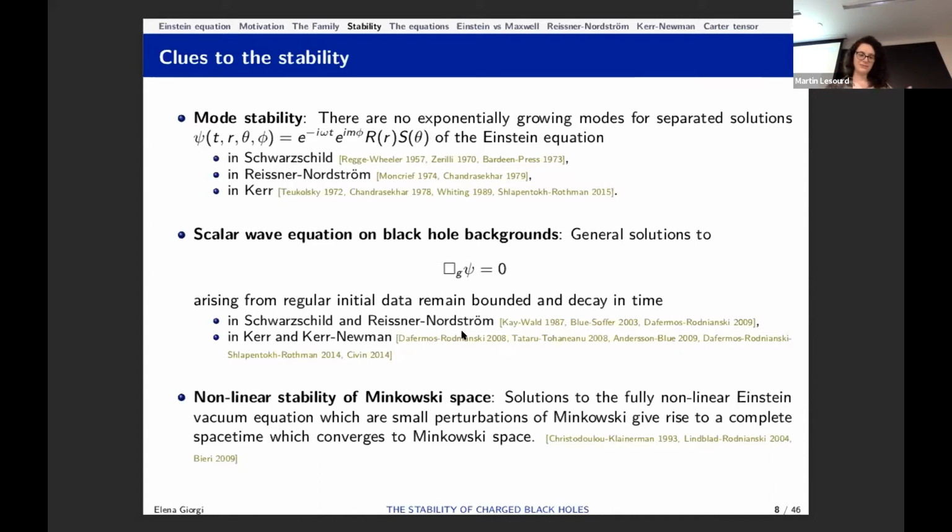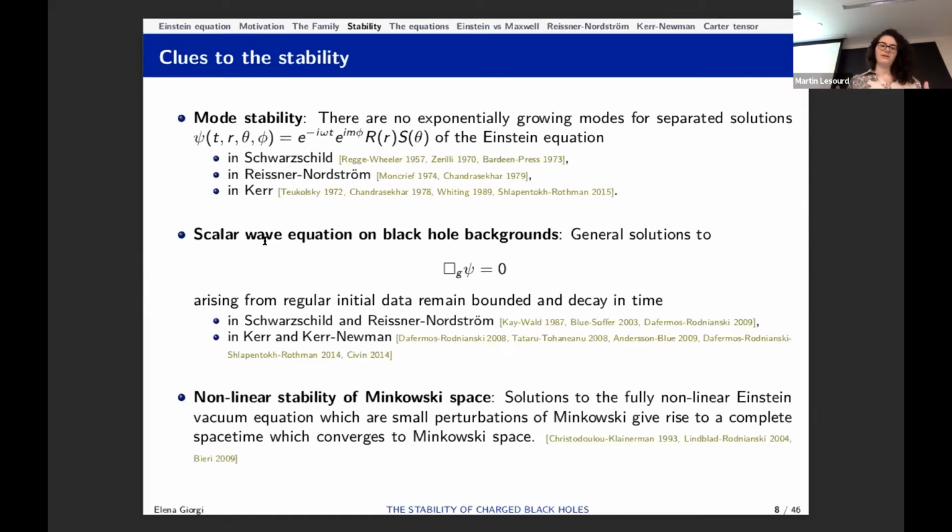There are so many that I can't possibly mention everybody. So lots of people worked on the scalar wave equation. What it really tells us is that the linear part of the Einstein equation could possibly be well behaved. And what about the nonlinear part?